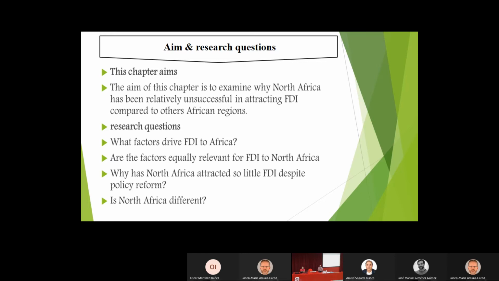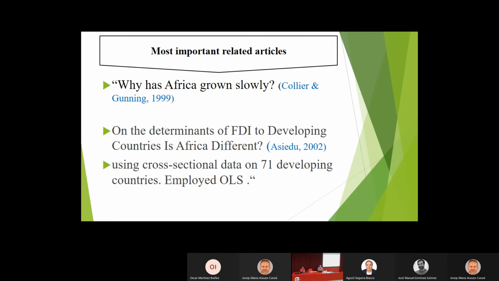To answer this question, we examine that. Later we will see other slides on how we examine it. The most important related articles: why has Africa grown slowly? This article by Collier and Gunning 1999 tested African countries before, focusing on domestic and external factors that affect growth.